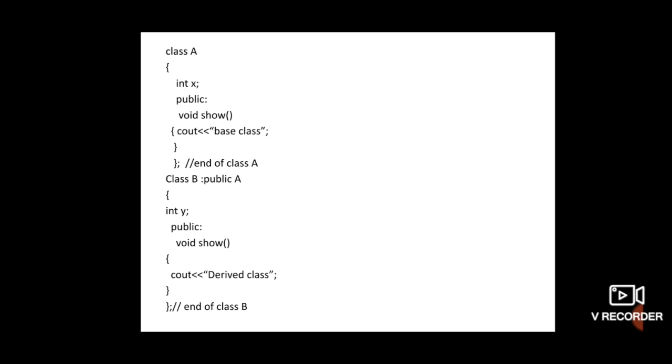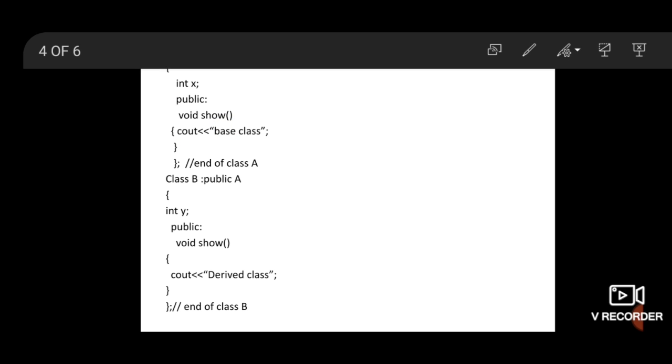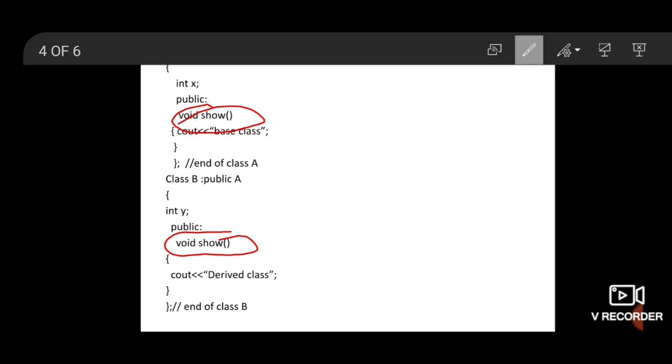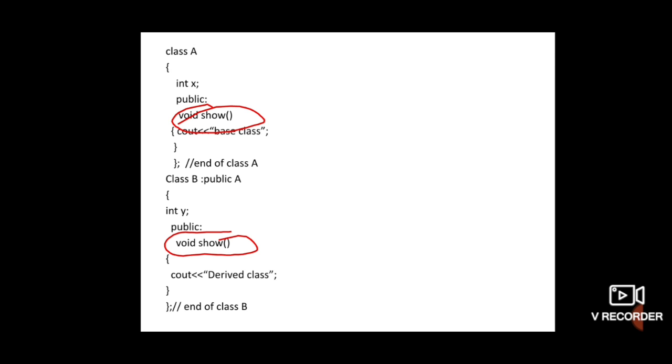Student, see what is the same thing in this program. In class A void show is declared, and in class B again void show is declared. Means in class A the name is the same and in class B also the same name.